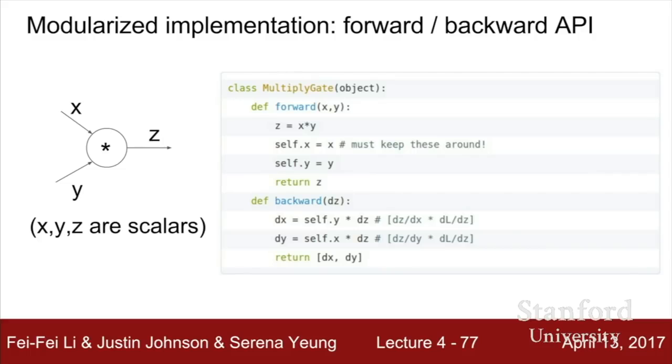In the forward pass, one important thing is that we should cache the values, because we end up using them in the backward pass a lot of the time. Here we cache the values of x and y. In the backward pass, using the chain rule, we take the value of the upstream gradient and scale it by the value of the other branch. For dx, we take the value of self.y that we kept and multiply it by dz coming down, and same for dy.